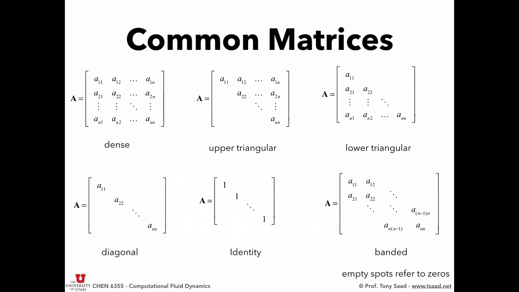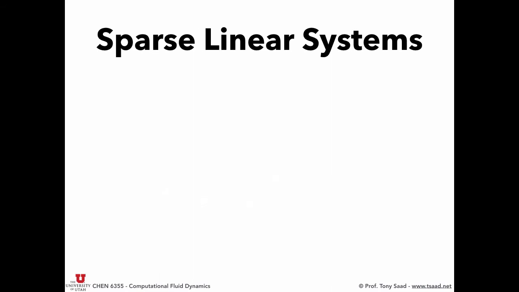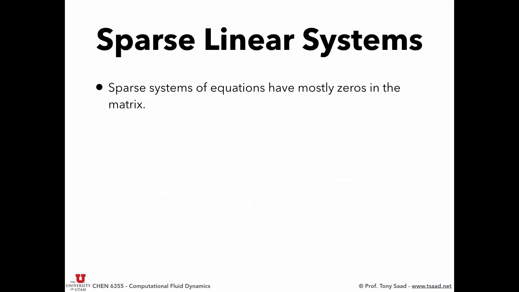We also talked about some common matrices: dense matrix, mostly non-zeros, very costly to store; upper triangular, lower triangular matrices, diagonal matrices, banded matrices, they're sparse. And we talked specifically about sparse linear systems, which show up in the vast majority of CFD applications. We said that the coefficient matrix is mostly zeros.